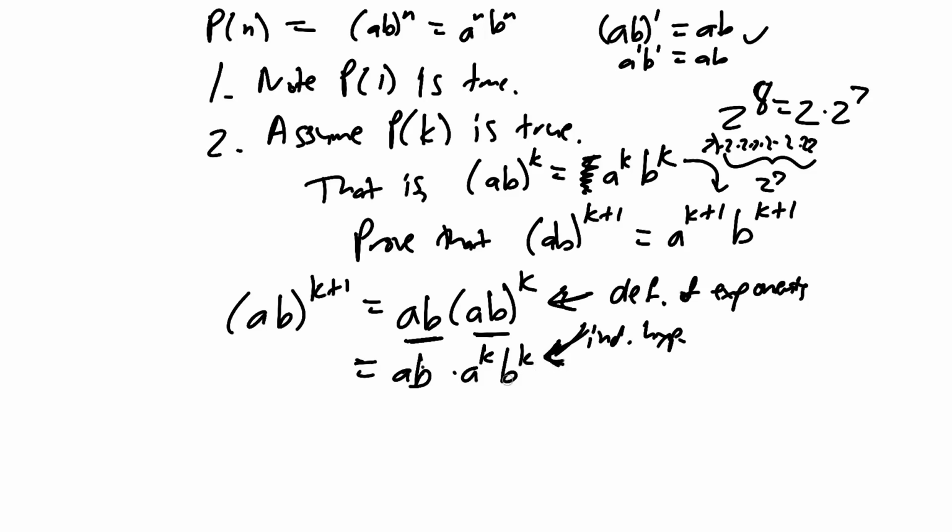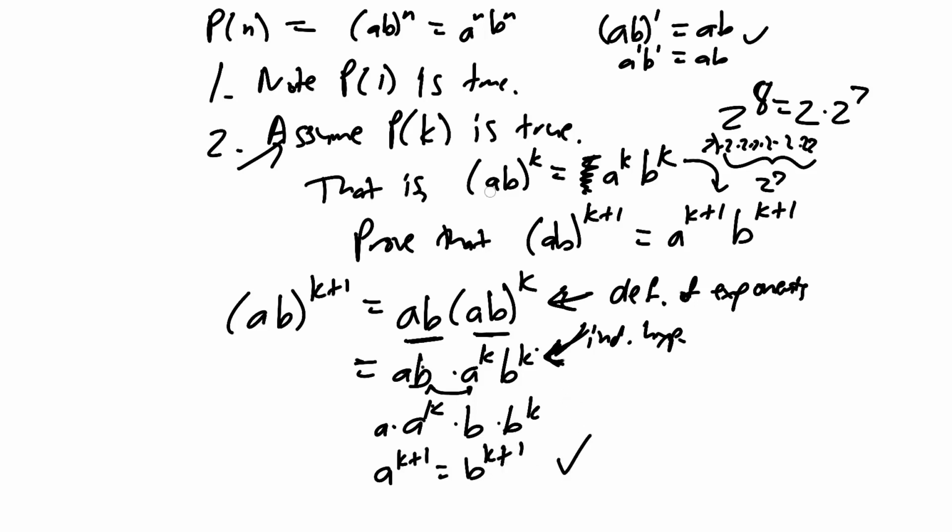We do not know that this is true, but we're going to assume it's true by the inductive hypothesis, right? That's what we're assuming there. Okay, so assume that's true, then we just rearrange, and now we get a times a to the k times b to the k, right? All I did was swap the position of those two things. And then, lo and behold, a to the k plus 1 times b to the k plus 1, which is exactly what we set out to prove.